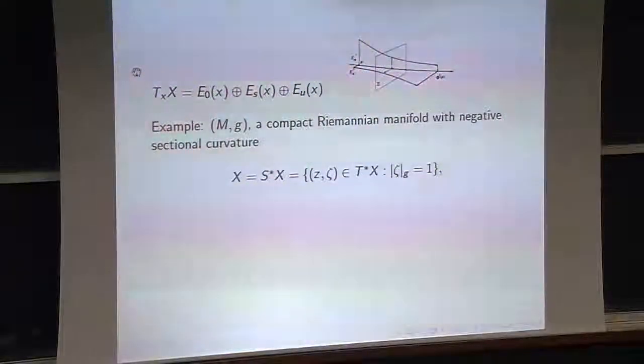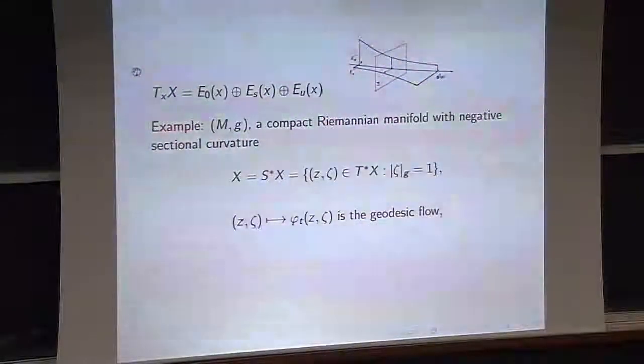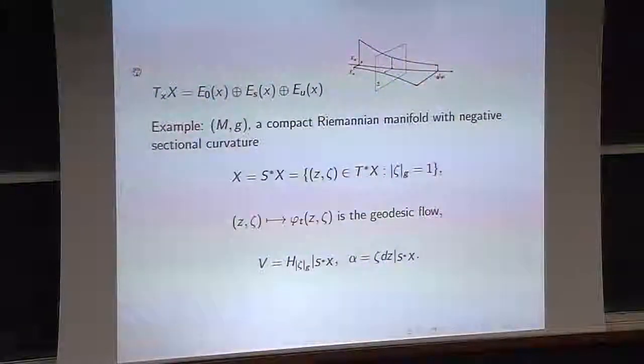So this is M here. It's the directions of unit length, the cosphere bundle. And then the flow is just the geodesic flow, which preserves the cosphere bundle, and that is generated by the Hamilton vector field of the metric restricted to the cosphere bundle. It is a contact flow because you have a contact form, which is just the first fundamental form restricted to the cosphere bundle.